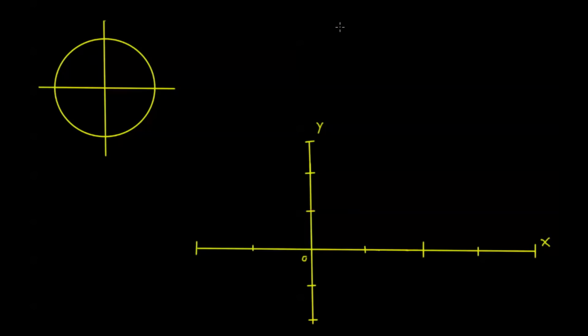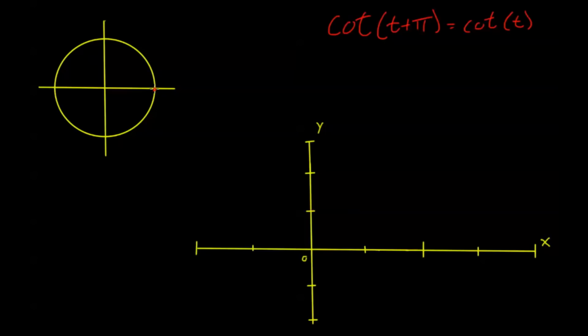Cotangent still has a period of pi. I kind of erased that, but cotangent of t plus pi is equal to cotangent of t, and I'll let you work that out on the unit circle yourself. It's for the exact same reason, right? Quadrant 1 to Quadrant 3 or Quadrant 2 to Quadrant 4. But cotangent has different asymptotes, right?